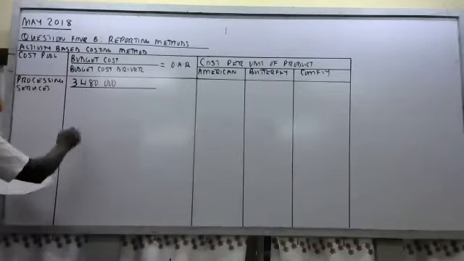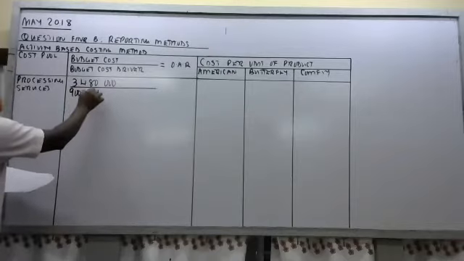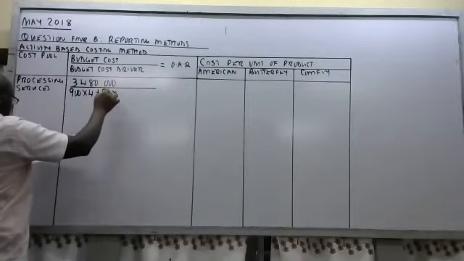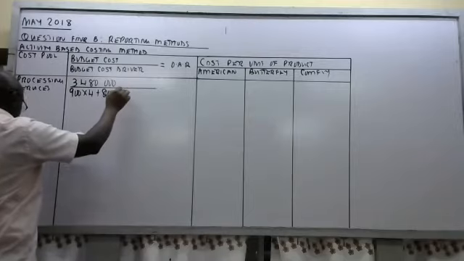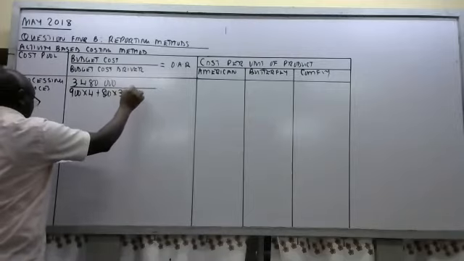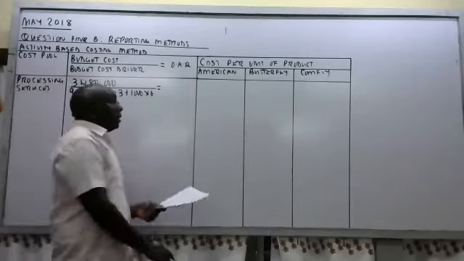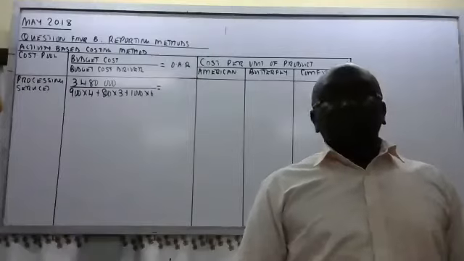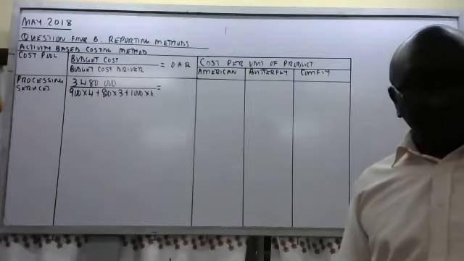So that being the case, we will say 900 units times 4 plus 800 times 3 plus 1,000 times 6. So work out that and send me the answer.